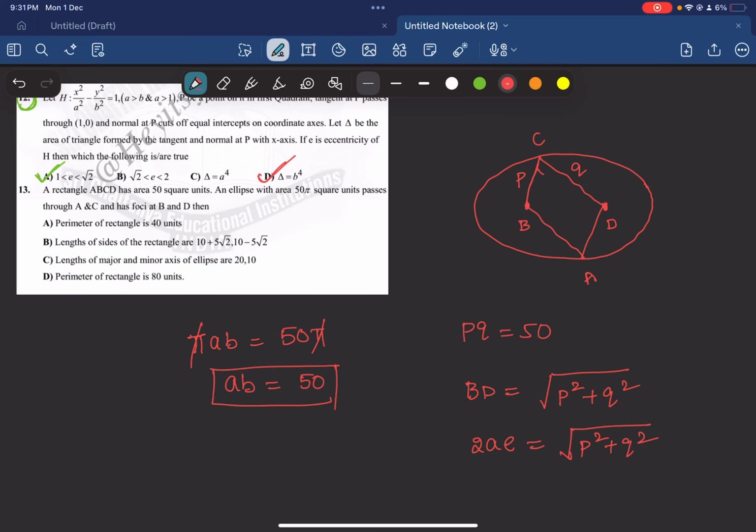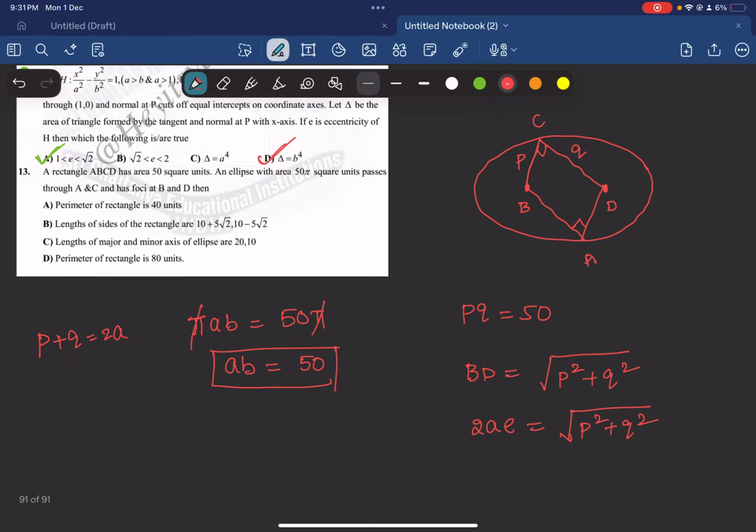Now this angle is 90 degrees and this angle is 90 degrees. We also know p plus q is equal to 2a. Squaring on both sides, p square plus q square plus 2pq is equal to 4a square.